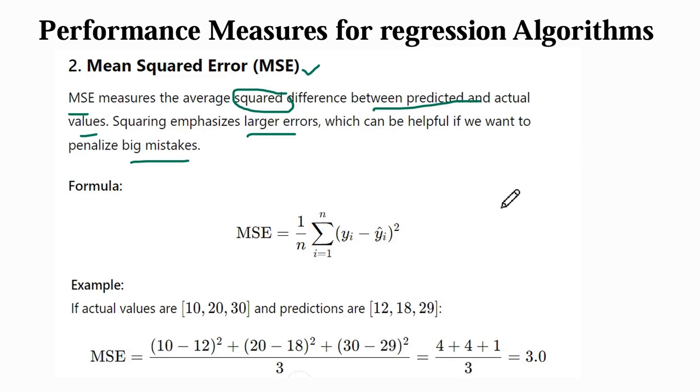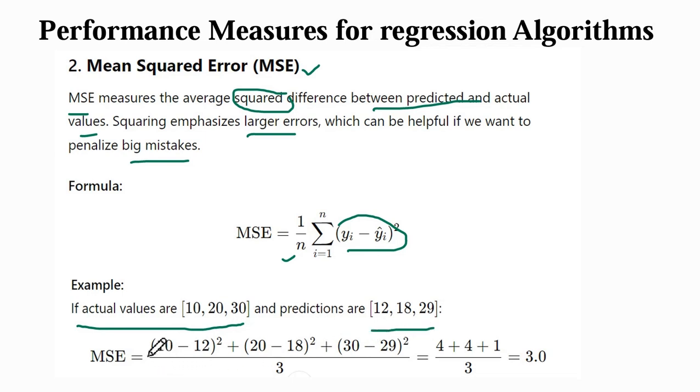The mean squared error means we have to square the difference between the actual value and predicted value, then average that squared error. So let us assume for any model the actual values are 10, 20, 30, and the predictions of that model are 12, 18, 29.